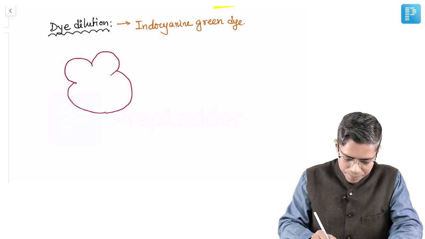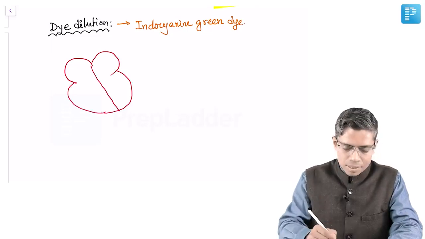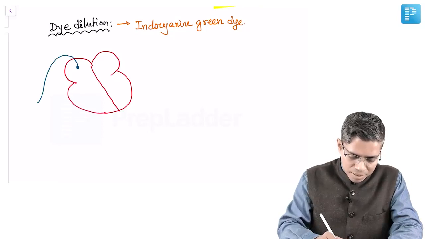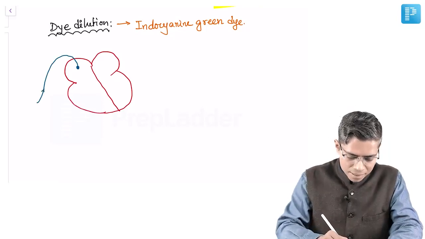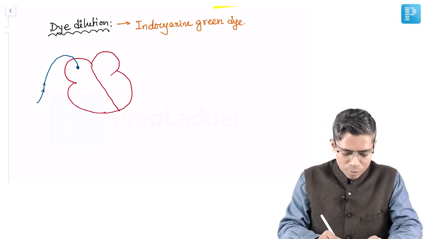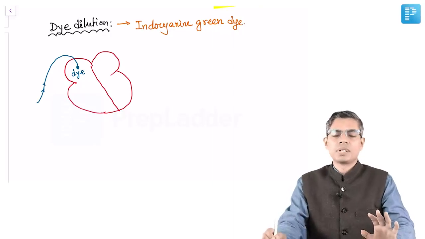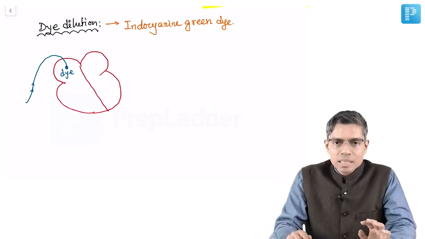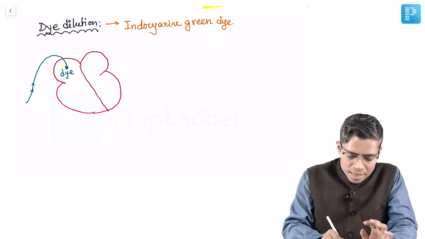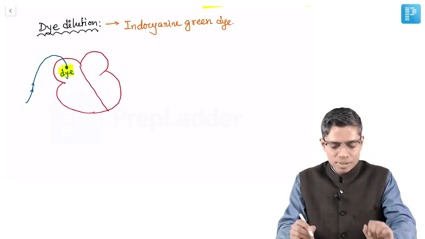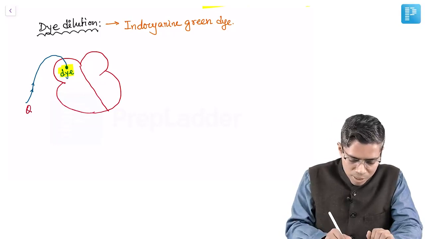Now what you are going to do in this method, suppose these are the chambers of the heart. First of all you have to place one catheter at the level of the right atrium, and inject a certain fixed amount of dye directly into the right atrium, suppose Q milligram of dye.